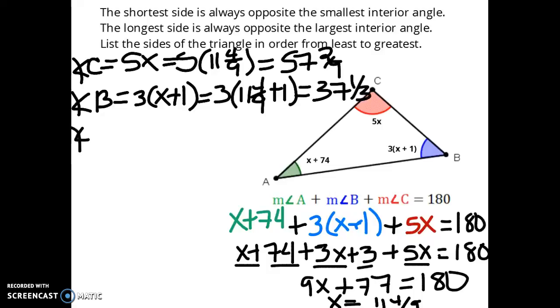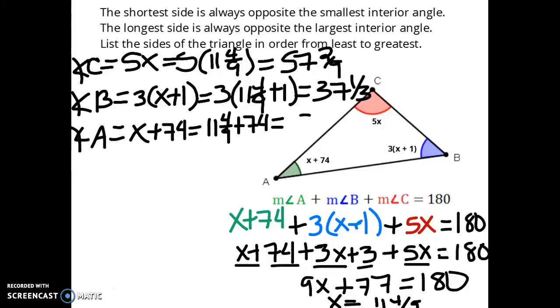And finally, angle A. Angle A is x plus 74, which is 11 and 4/9 plus 74, which is 85 and 4/9. So which one's bigger?